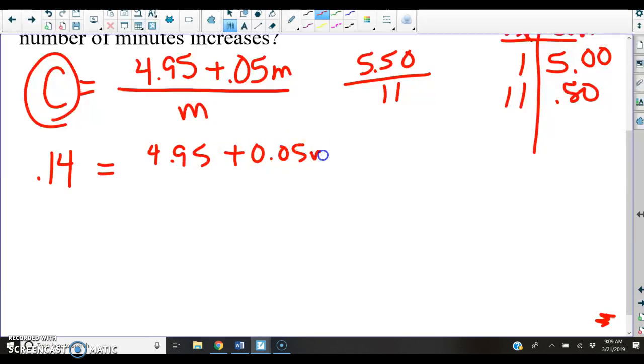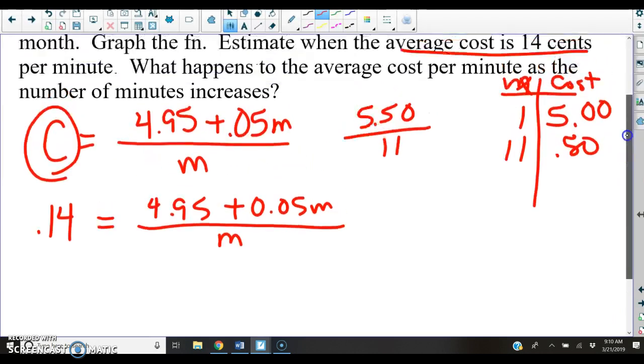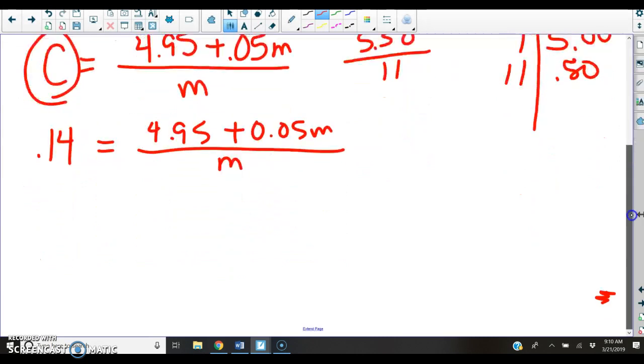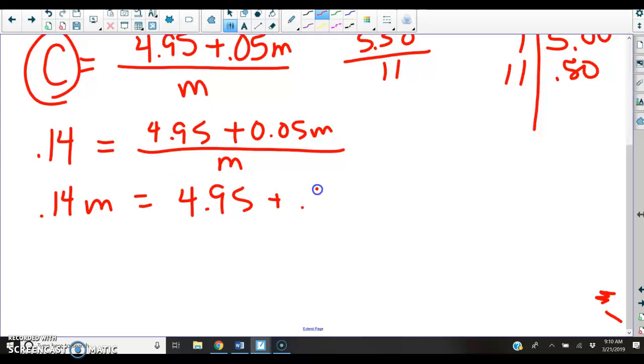Oh, I got an extra 0 in there. Okay. I'm going to do the algebra. I'm not going to graph that. Okay. It's 14 cents. Yeah, I was right. Okay, so I'm going to multiply to get that out of the denominator. Put that 0 out now.